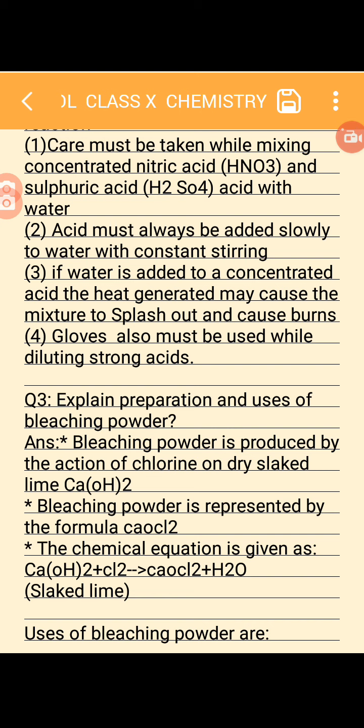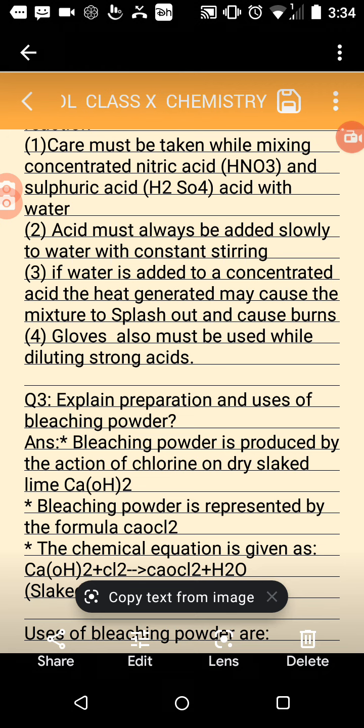Students, already in the previous class I told you to learn all these formulas of the compounds. Bleaching powder is represented by the formula calcium oxychloride, CaOCl2. So slaked lime reacts with chlorine to form bleaching powder, calcium oxychloride, CaOCl2, along with water.